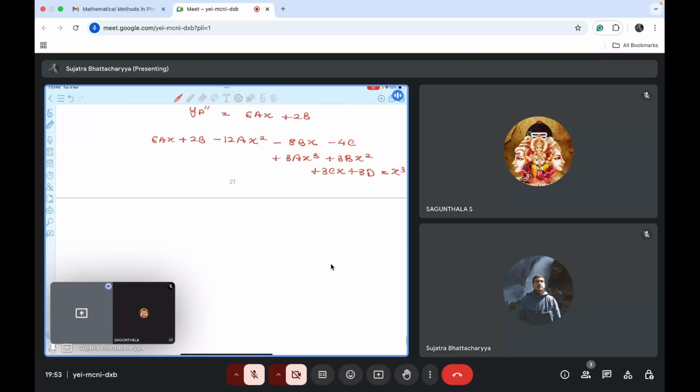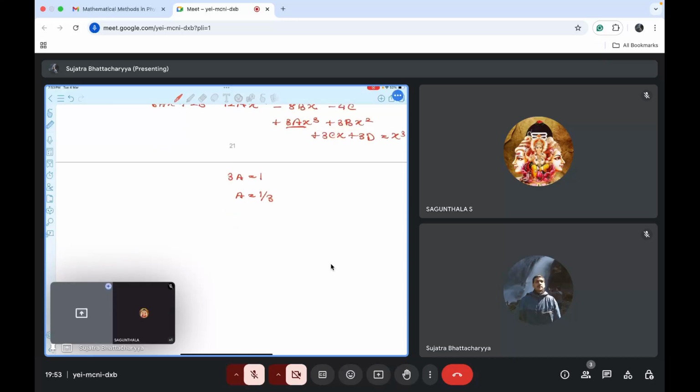So if you check each and every term, you get 3a is equal to 1. So a becomes equal to 1 by 3. Further, if you look at, you get something like this: minus 12a plus 3b is equal to 0, which gives you b is equal to 4 by 3.